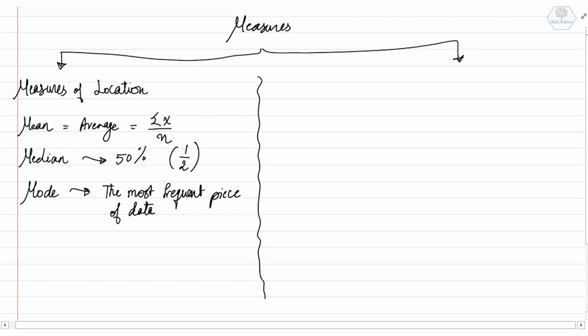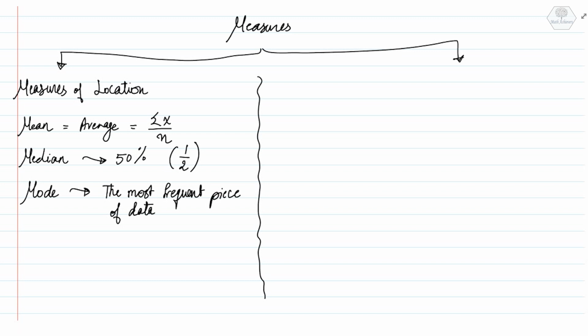Now you may ask when I'm going to use the mean as a measure of central tendency or the median. The mean is highly affected by outliers. So if I have an outlier, the mean will be biased.